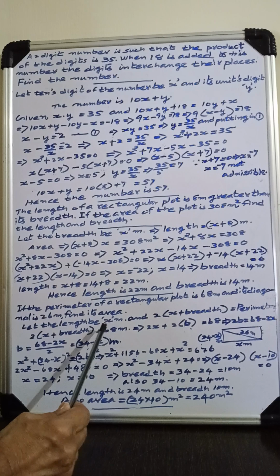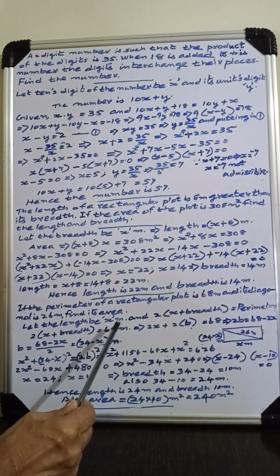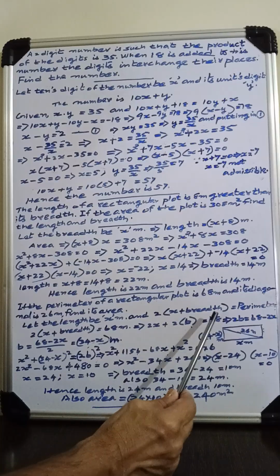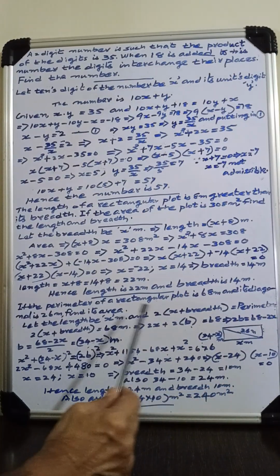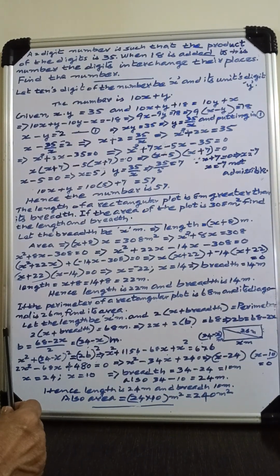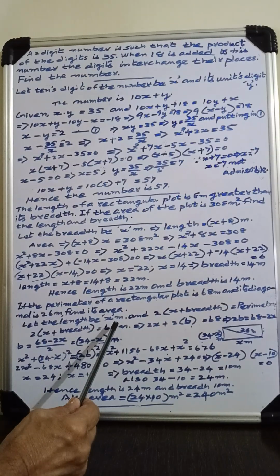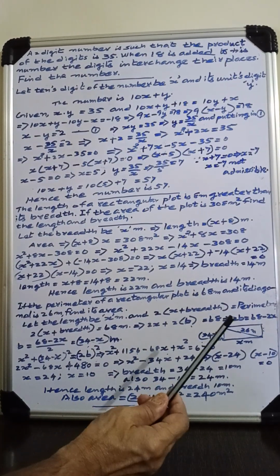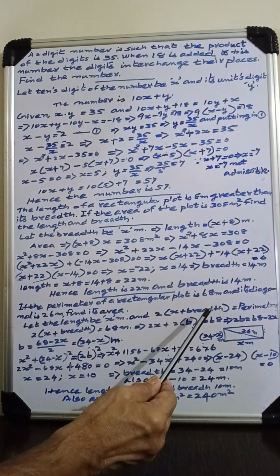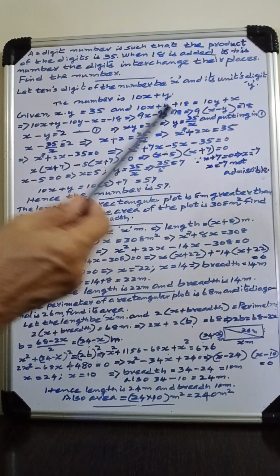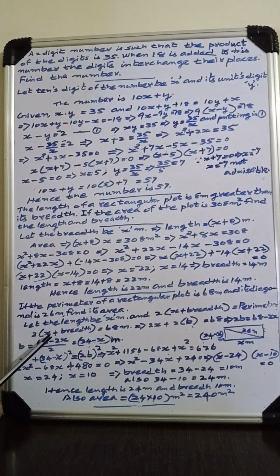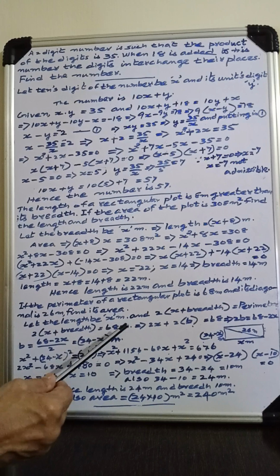Let the length be x meter and 2 into length plus breadth equals perimeter. That is given here. That is 2 into x plus breadth equals 68 meter.